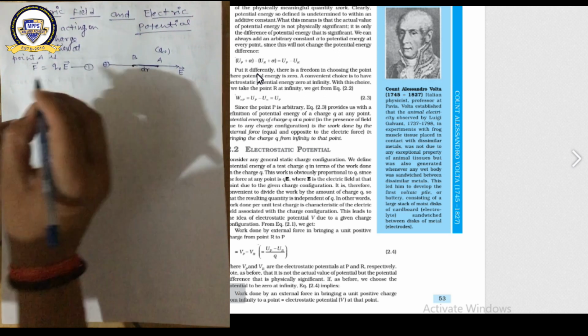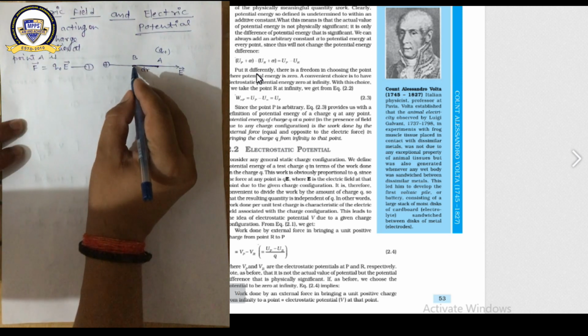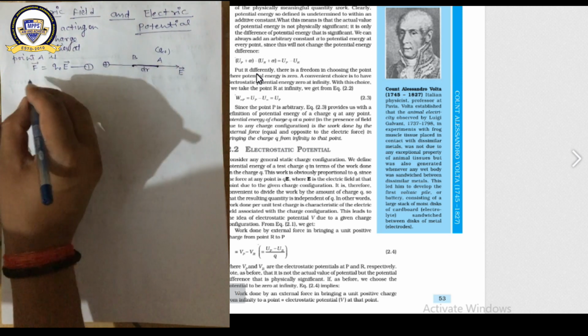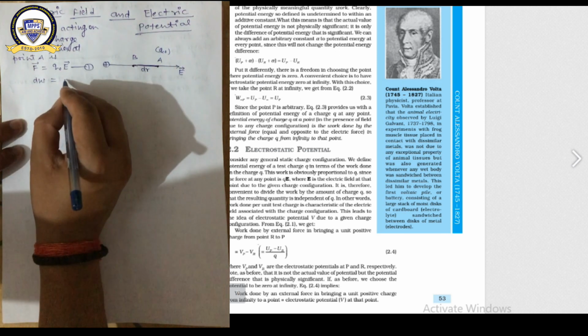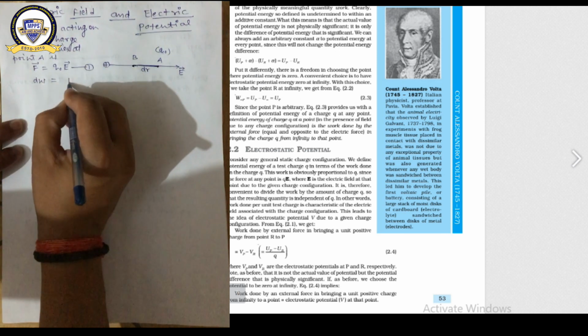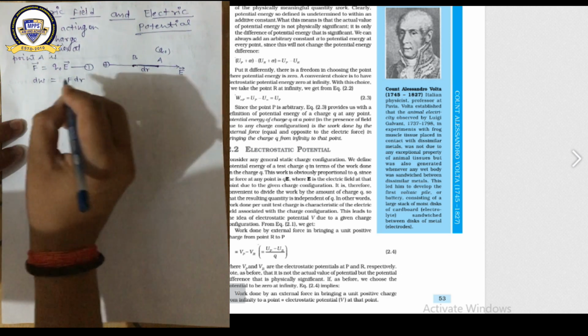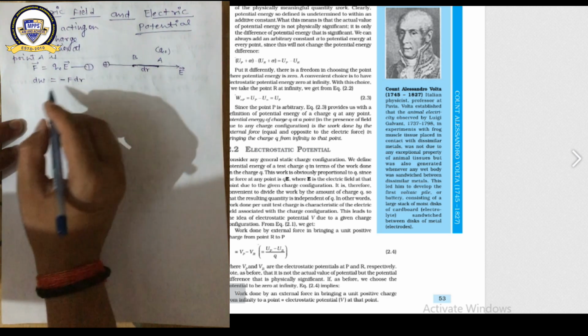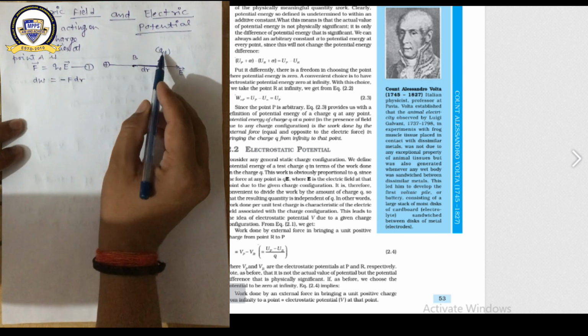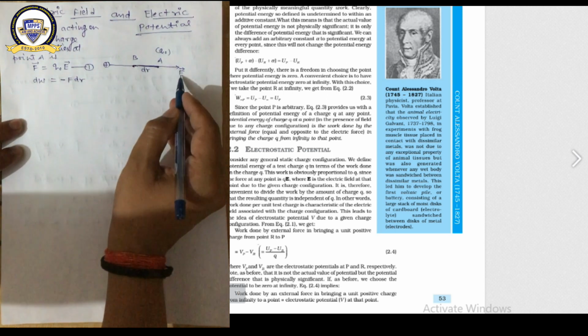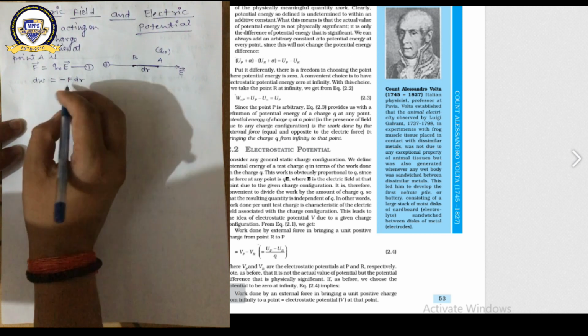Suppose that here it is equation number 1. So the work done in moving the test charge from A to point B will be dw is equal to F dr. Here this is the negative sign. Negative sign shows that the motion of the test charge is against the electric field E. So dw is equal to minus F dr.